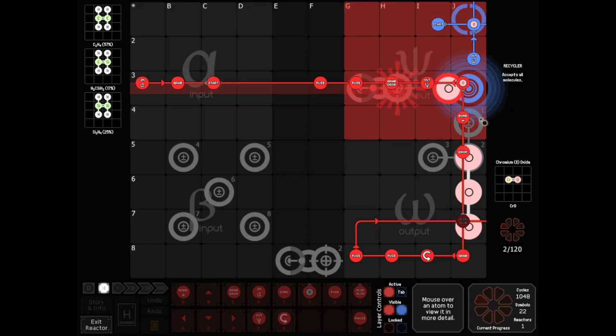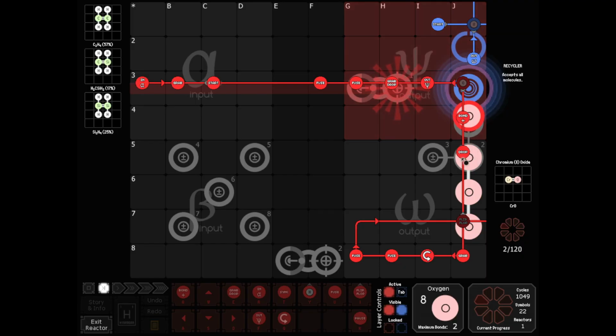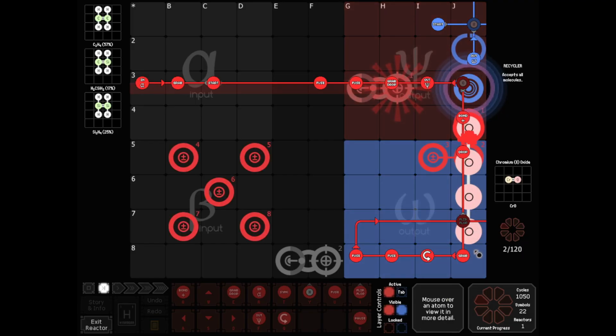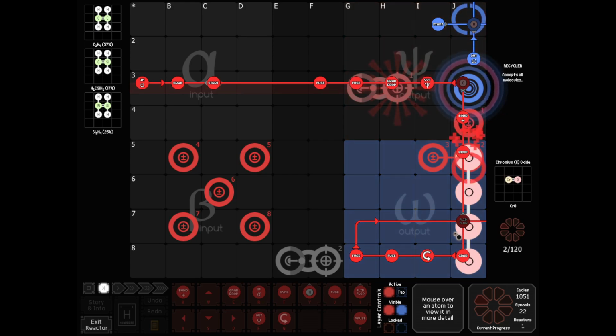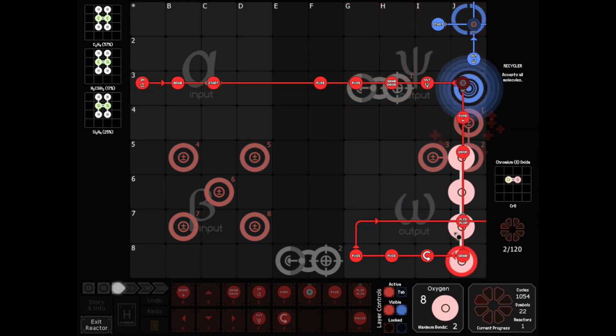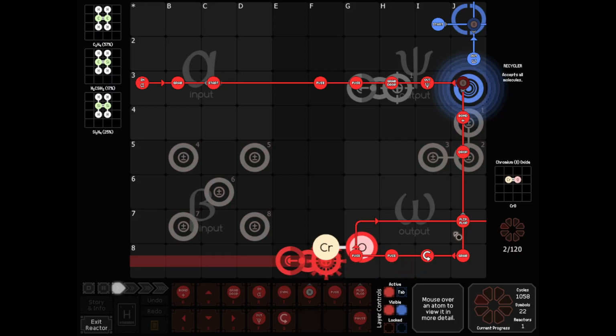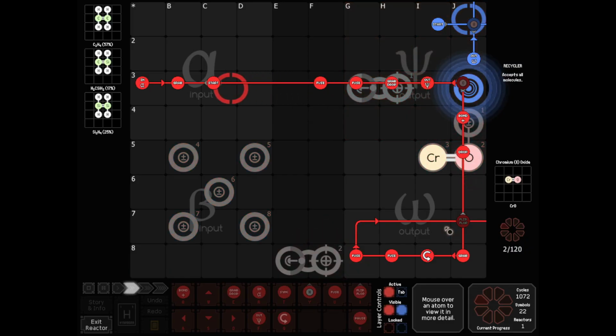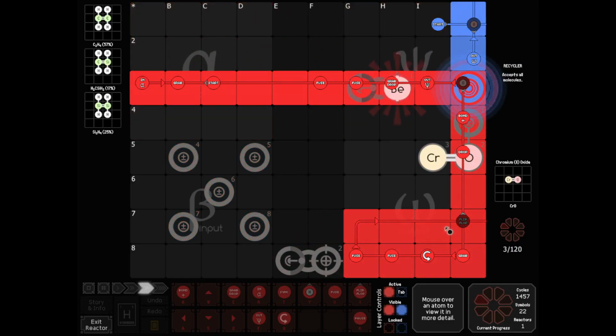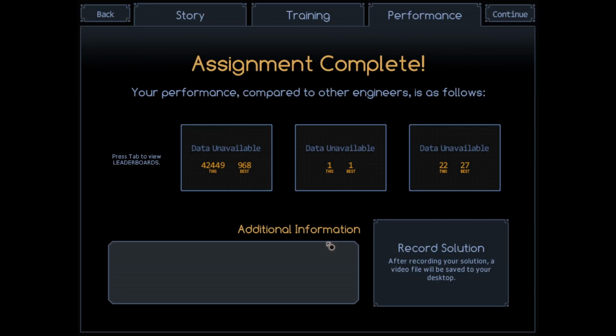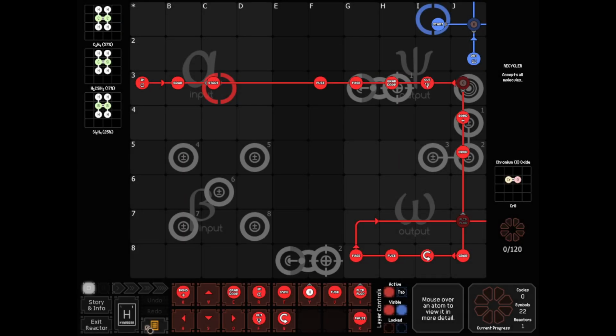So if you hit output at any time before this bond or after this drop, something gets output here, which is not intended to get output. And yeah, it's not particularly fast. I see.